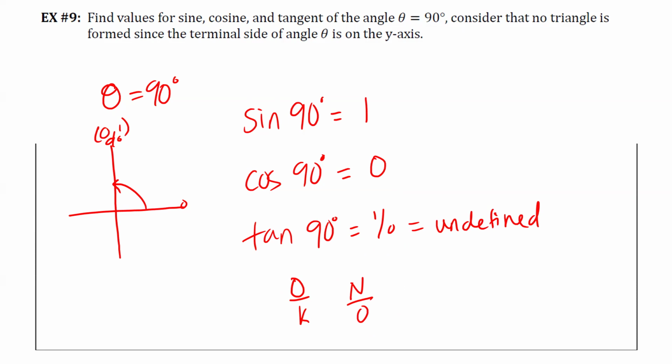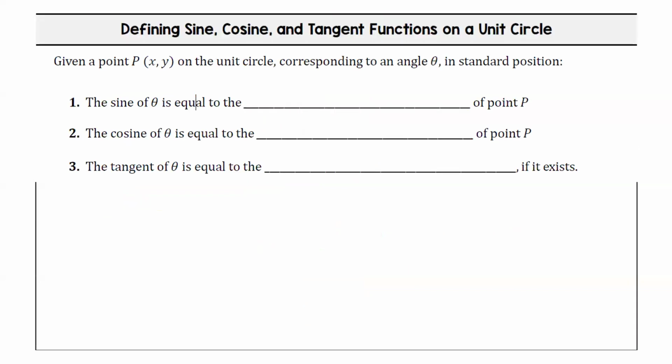Now we've established all 4 of those angles, right? We have our 90, our 60, our 45, and our 30. If you know those 4, you can figure out the rest of the circle. If you know those 4, the rest of the circle is going to be easy peasy, lemon squeezy. So in summary, the sine of theta is equal to the what of the point?